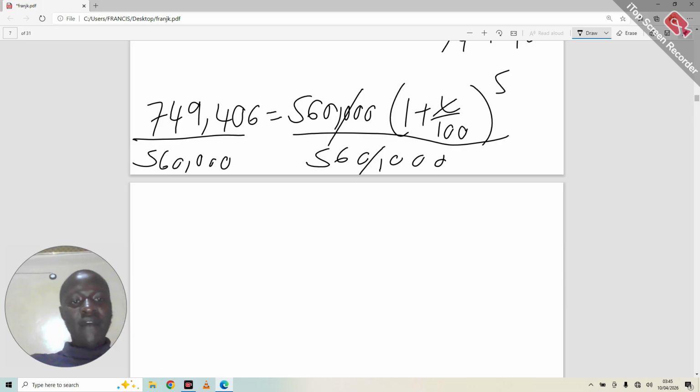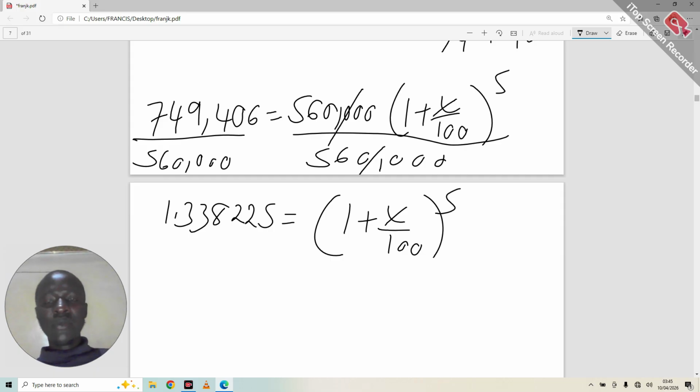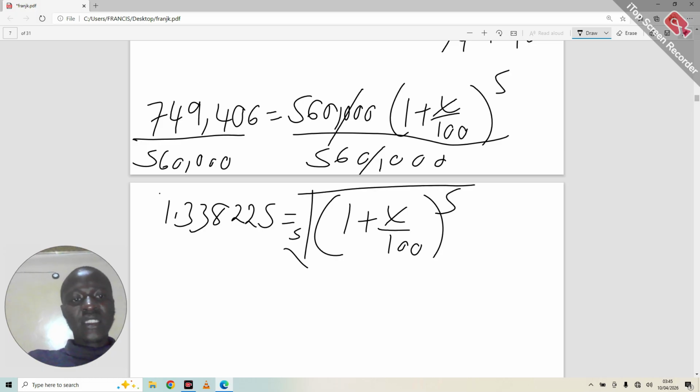So we shall have 1.338225 equals 1 plus x all over 100 power 5. So how do we remove that power? We get the fifth root of the answer. This fifth root cancels out the power.